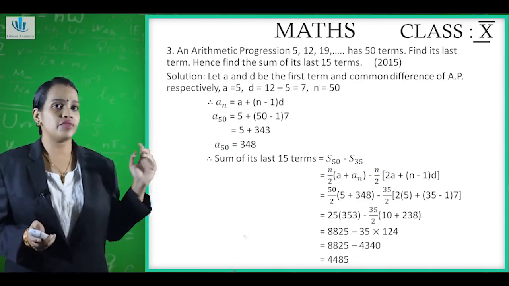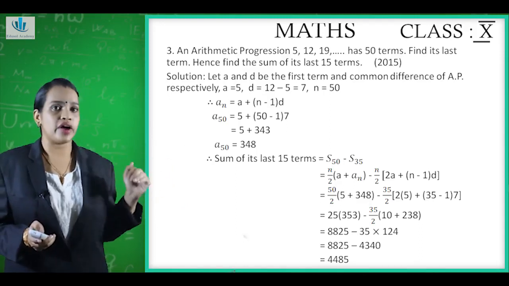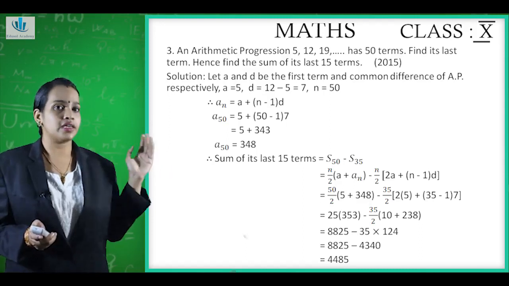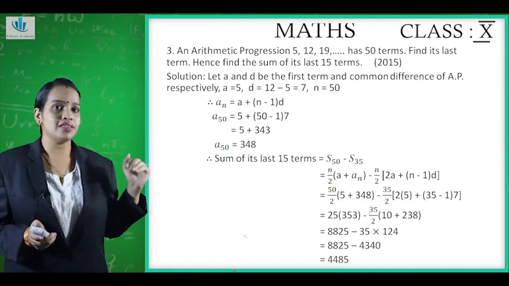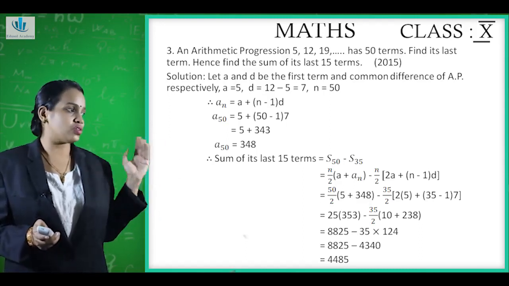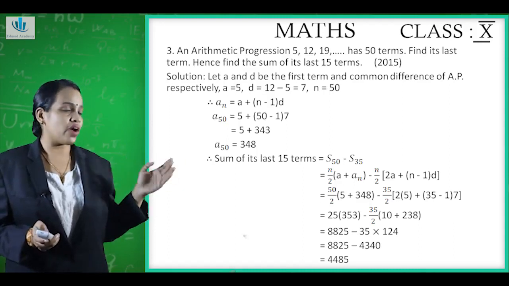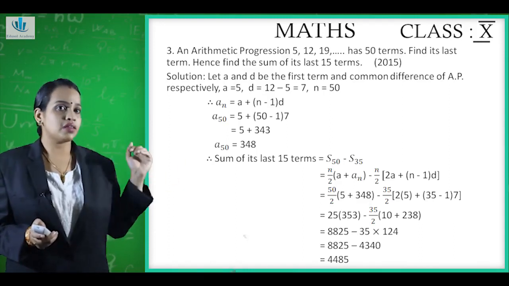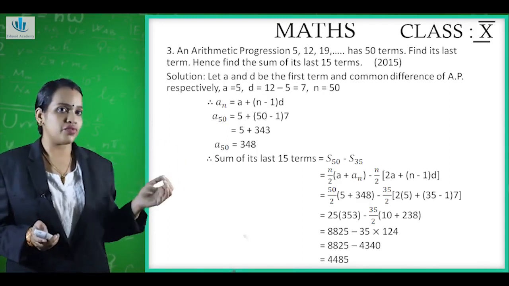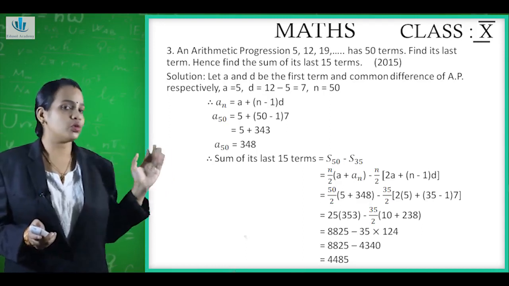Now we will solve it. 50 upon 2 gives 25, 5 plus 348 is 353, minus 35 upon 2. We will first solve the bracket: 2 into 5 gives 10, plus 35 minus 1 is 34, into 7 gives 238.